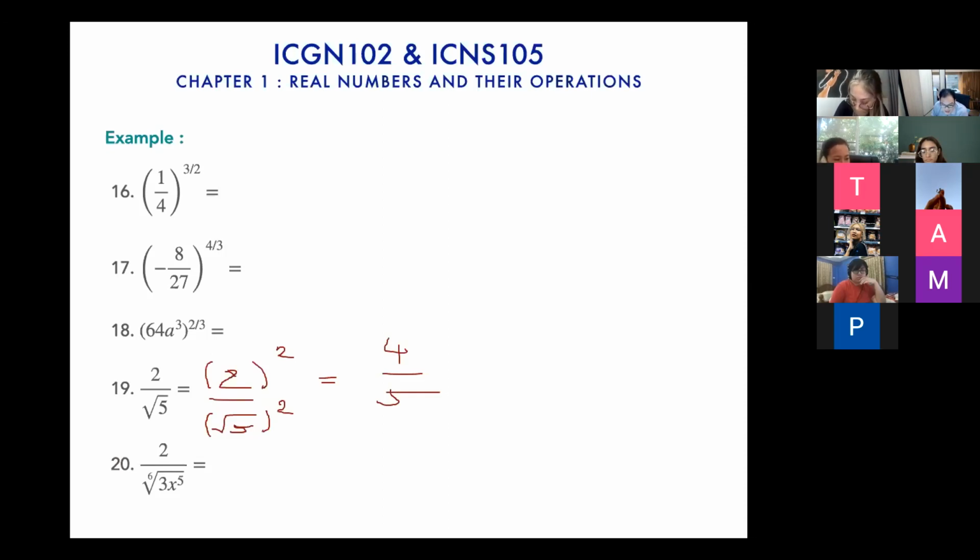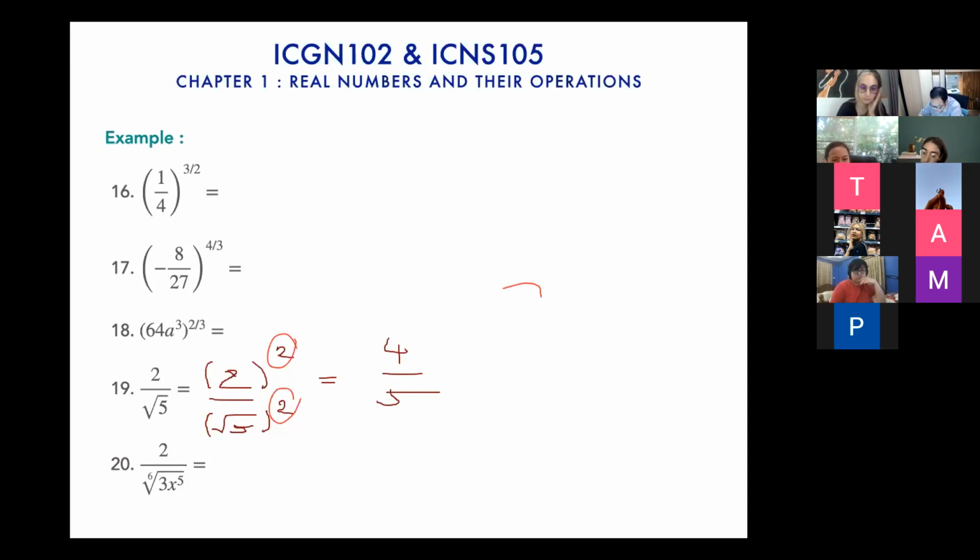This one, right, you cannot do that. The reason is that in this one, hang on, let me write it down. How can you have a square on both?